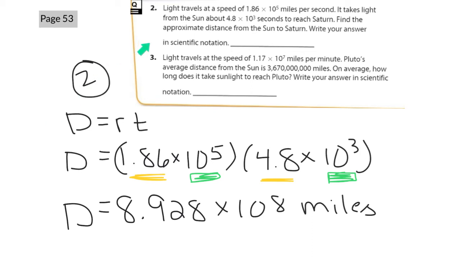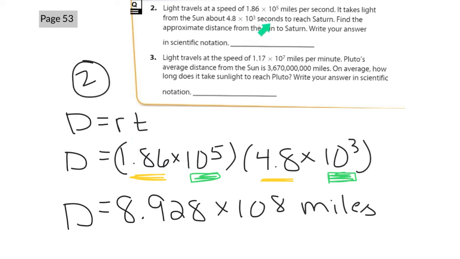So anyway, problem number 2. So again, you have a distance equals rate times time problem. You're trying to find the distance. So this is the rate. And it tells you right here at a speed of miles per second. When you have something like miles per second, feet per minute, anything like that, that's the rate. That goes in the rate spot. These are multiplying together.